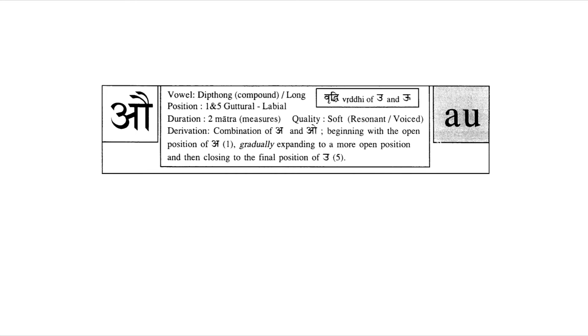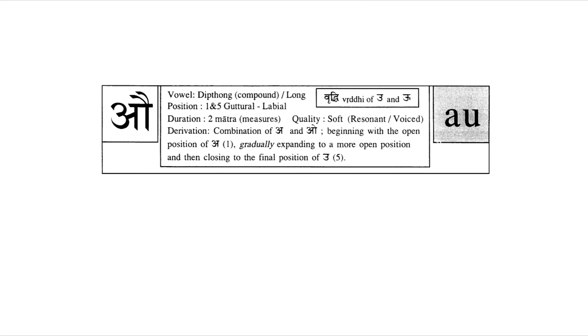A further strengthening is accomplished by placing another A in front of the guna form O. A plus O, the primary power of A one more time, making it a double strengthening. A, O, ao, ao, ao. The vriddhi form is ao.